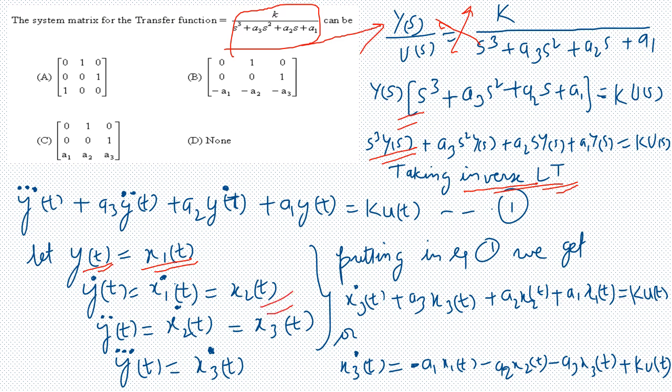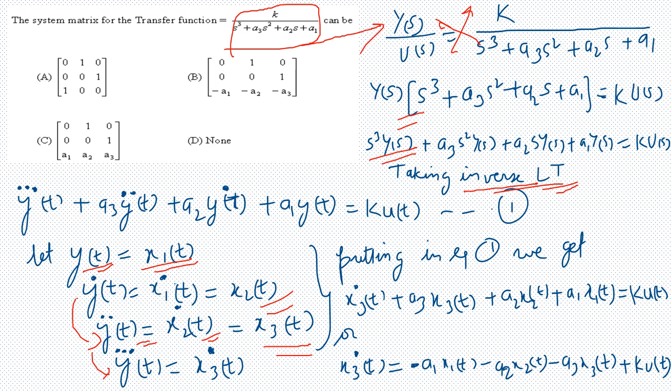Similarly, we differentiate it once more, and what we get is y double dot of t. Here x2 of t again gets differentiated as x2 dot of t. So let us say that is x3 of t. Now we differentiate once more, so we get y triple dot of t.